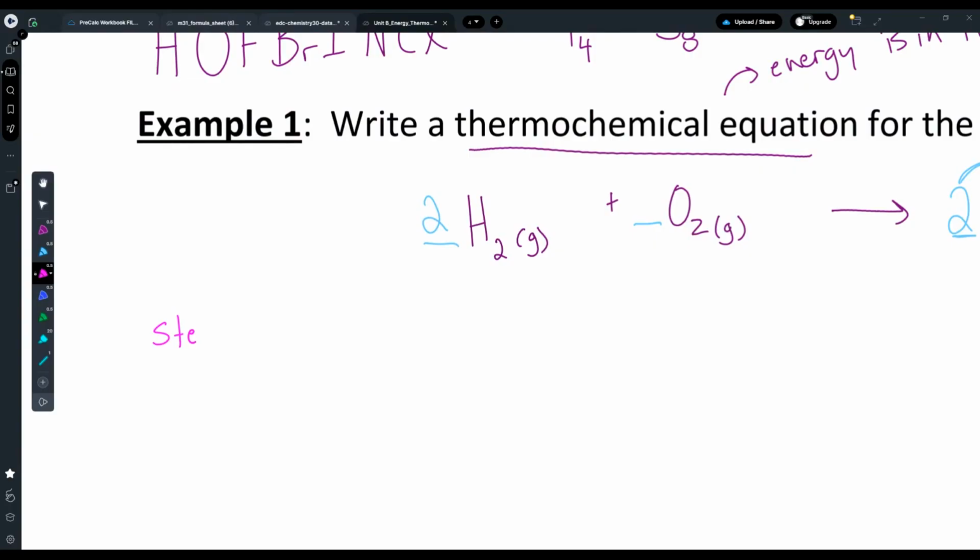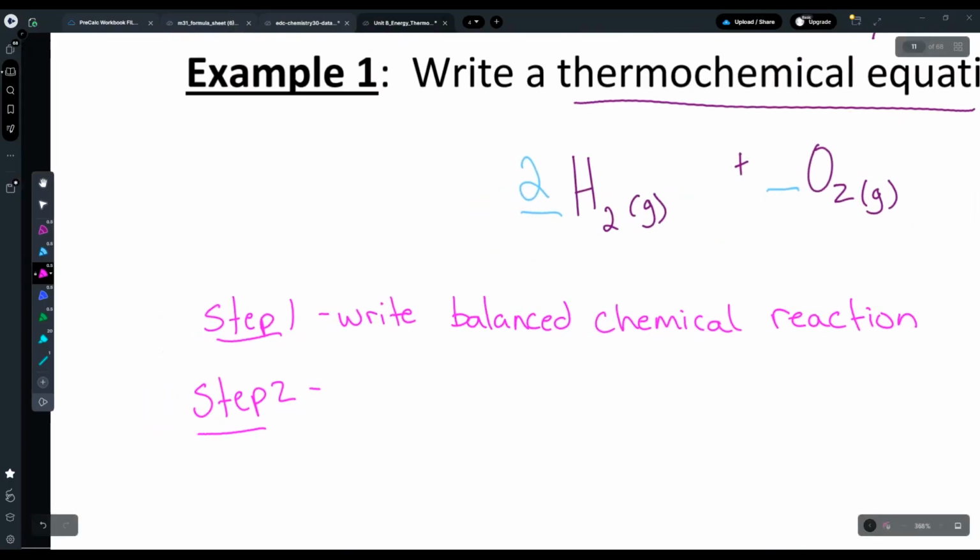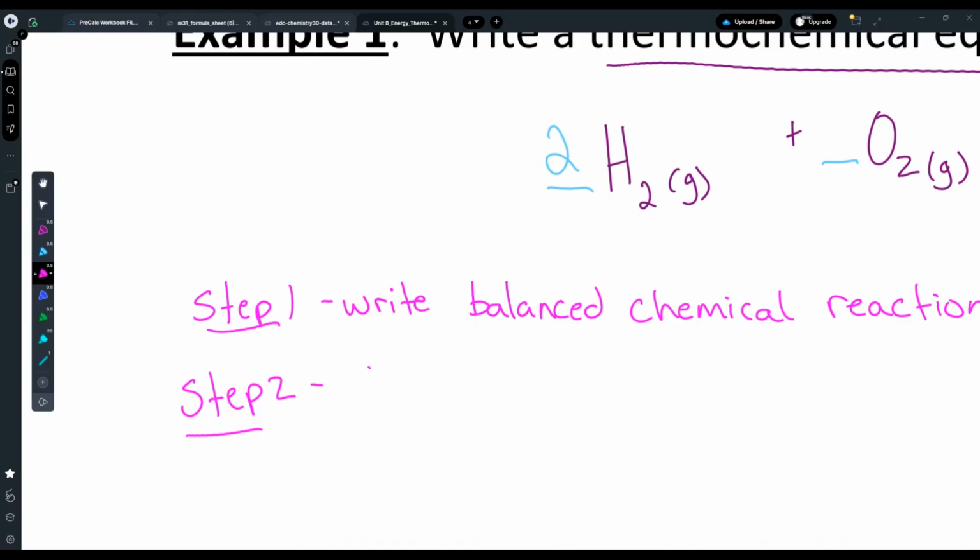So step 1, write a balanced chemical reaction. Step 2, find the molar enthalpy of formation of, in this case, water.